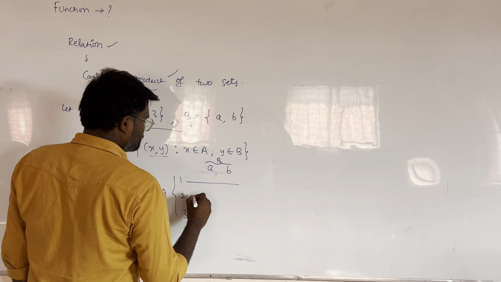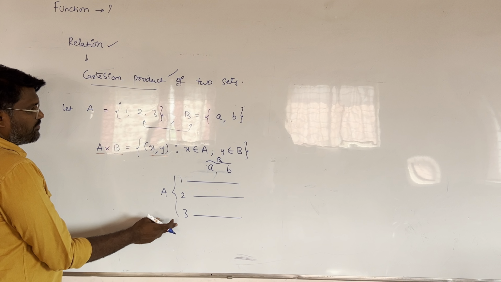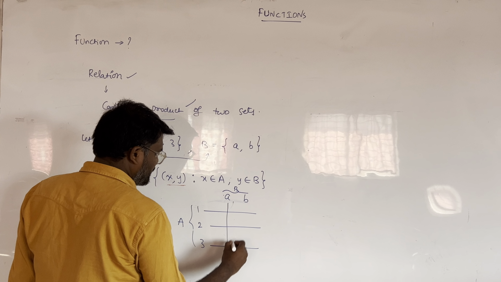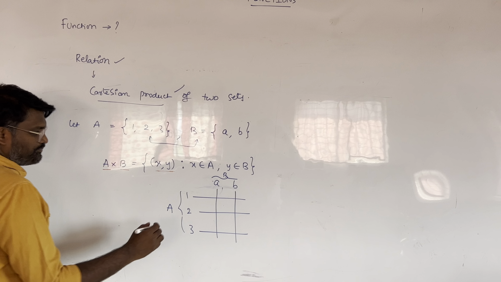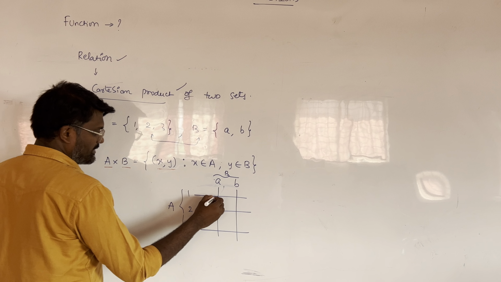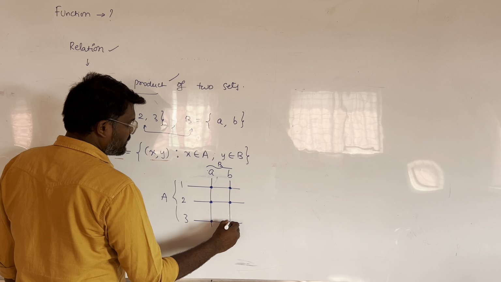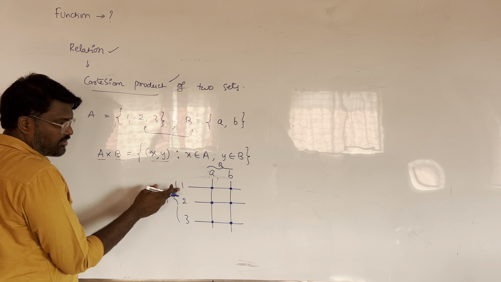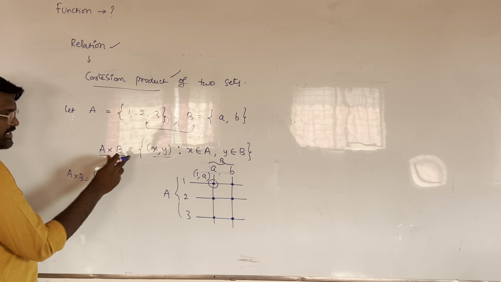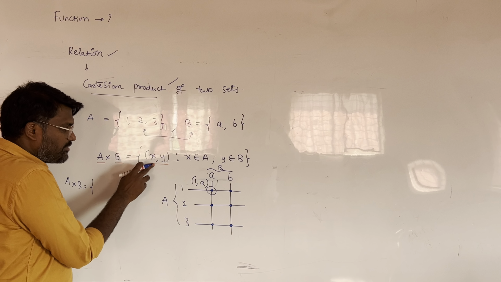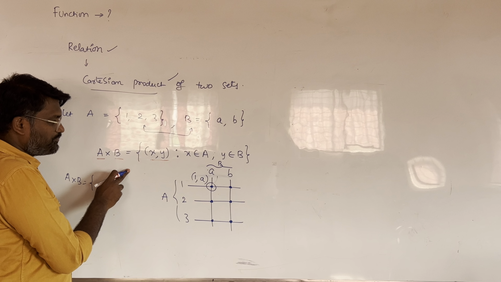Now if you represent every element in set A by a horizontal line and every element in set B by a vertical line, then the Cartesian product of these two sets will be the intersection, or the combination of the elements from set A with the elements of set B. So definitely this one represents 1, comma a. Since we are determining A cross B, in every ordered pair the x coordinate will belong to set A and the y coordinate will belong to set B.